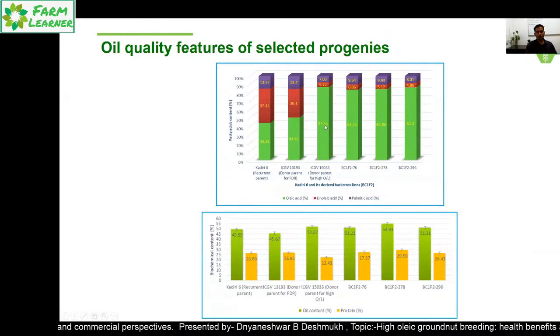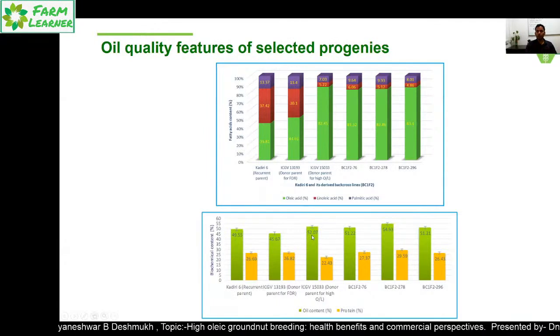If you look at the superior lines, that is these three lines, they're as good as their parents, because you can see here they were high in oleic acid content and lesser in linoleic and palmitic acid content. And here, if you look at the protein and oil content, Kadiri-6 has 49.55% oil content.